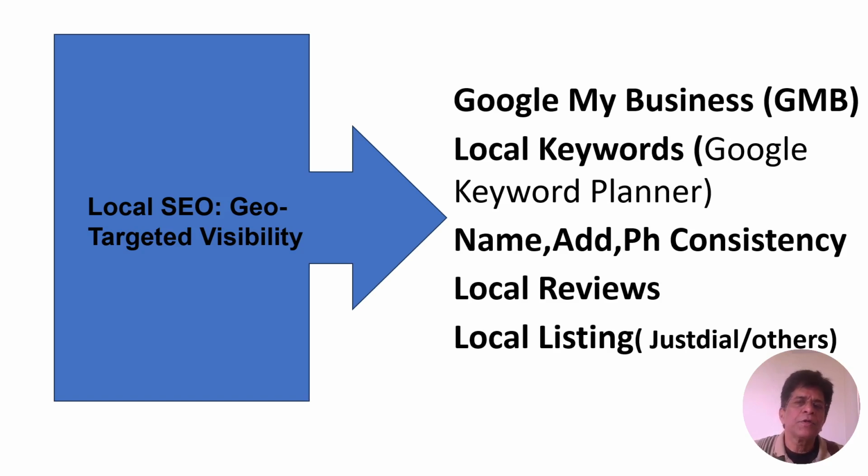Then we have to use the local keywords, the ways people are searching in that particular location, particular area. The name of the organization, address, and phone number should be properly displayed, and we should encourage people to review your product. And local listings like Just Dial or others are there, we can add it in their portal.